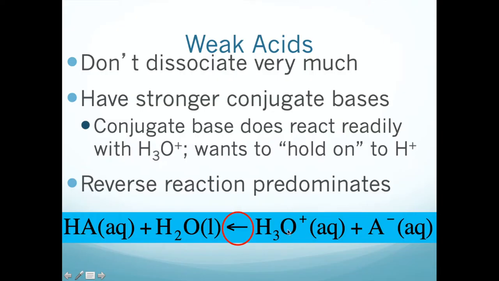A lot of that reverse reaction takes over, and we have these molecules mostly staying intact. Okay, our hydronium ions and conjugate base will go back to forming these whole molecules. Okay, and again, that's by definition what a weak electrolyte is. It's something that doesn't completely form these ions. It stays mostly intact, but it forms some ions.